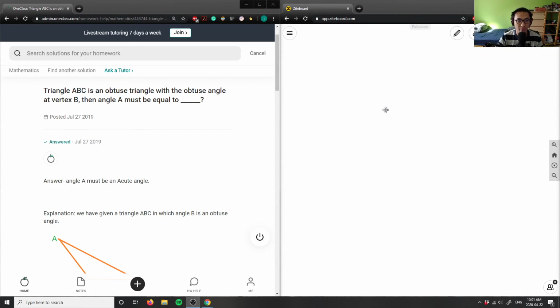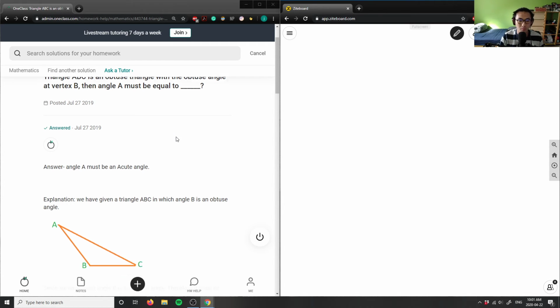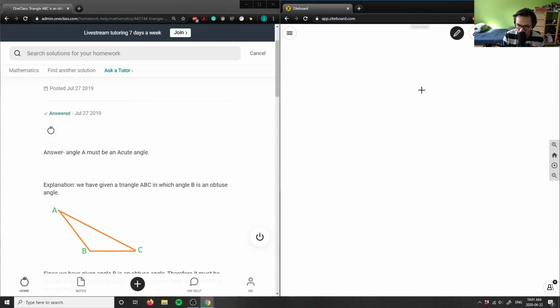All right, so we have our first question here. It states that triangle ABC is an obtuse triangle with the obtuse angle at vertex B, then angle A must be equal to what. They have a diagram here, so let me draw this out.